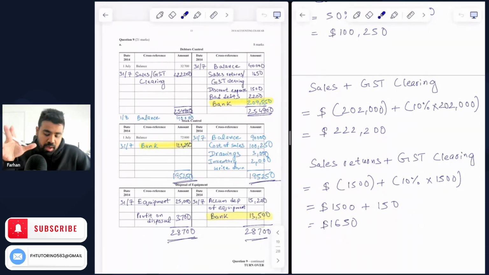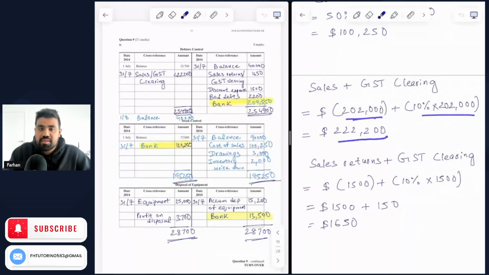So during the month ending 31st of July, if I was to find the total amount, including GST, that this group of credit customers would owe us as the business, that would be calculated as $202,000 plus 10% GST applied on the $202,000, which is $222,200. So this represents the gross credit sales that we have made to the accounts receivable.